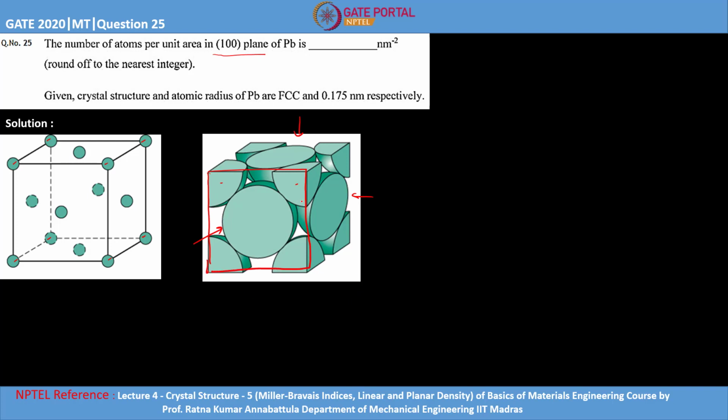Basically in 100 plane we have 4 corner atoms and 1 face center atom, and corner atoms give 1/4 of contribution in terms of area, like only 1/4 of area you can see on this 100 plane, and this face center atom is completely covering the entire area for this particular plane, right?